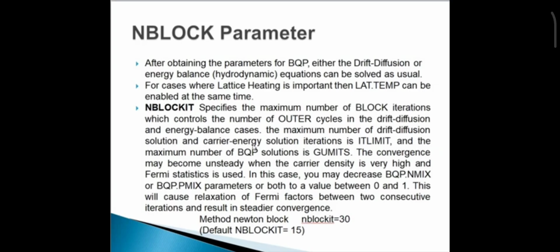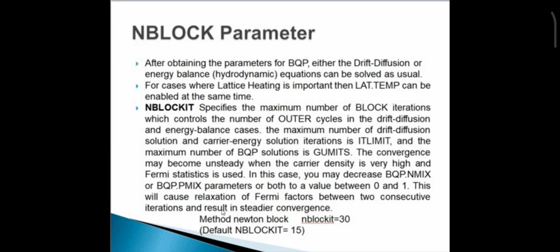The convergence may become unsteady when the carrier density is very high and Fermi statistics is used. In this case, you may decrease the BQP.nmix or BQP.pmix parameter, or both, to a value between 0 and 1.